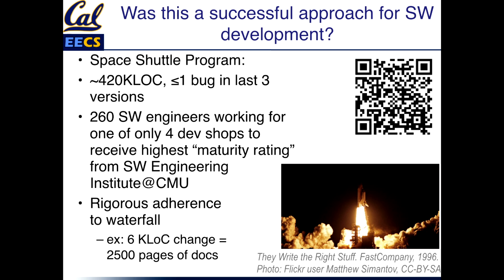This was obviously more than a decade ago, but 6,000 lines of code generated 2,500 pages of documentation. So changing 2% of the code base leads to 2,500 pages of documents to be able to write that change. And so that is an investment that leads to very different processing needs.